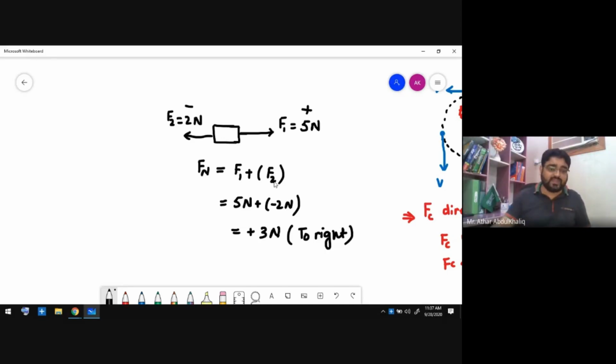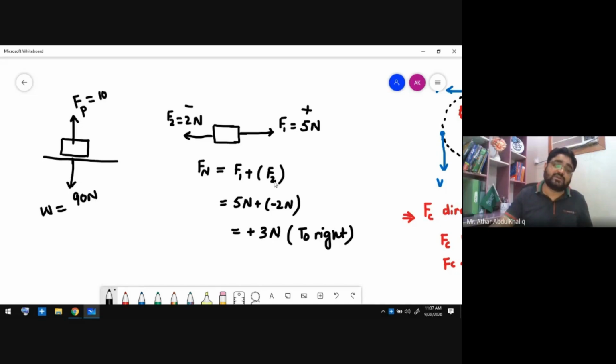Similarly, if I have a mass that is placed on the table, its weight is, let's say, 90 Newton, and someone is trying to pull with an upward force of 100 Newton.